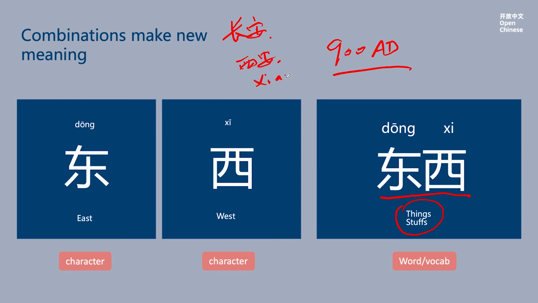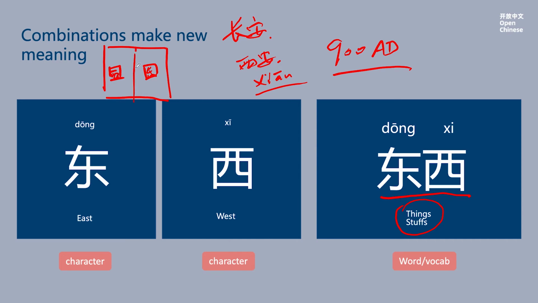Xi'an is a city in northwest China and used to be the capital of the Tang Dynasty. In the city, they have two markets, the East Market and the West Market.